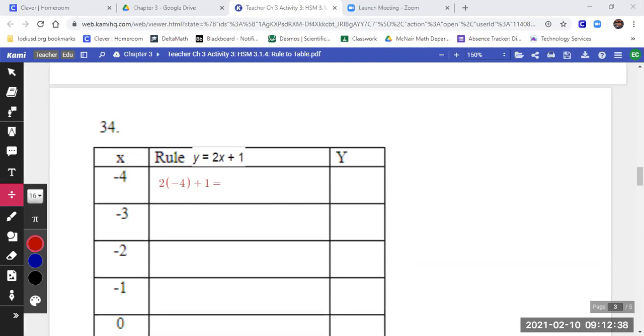Not 2 plus, 2 times. -8. So I have a -8, and then it says I'm supposed to add 1 to it.